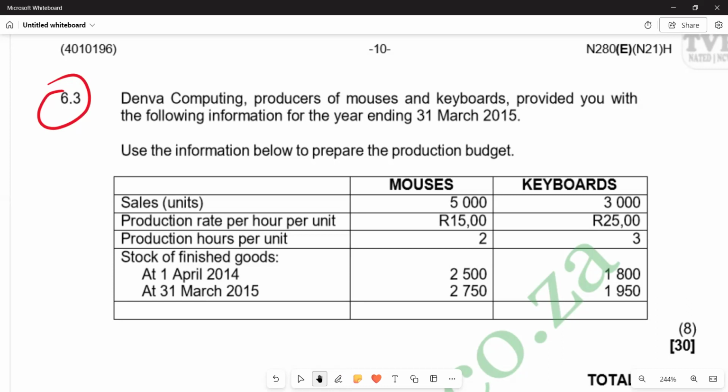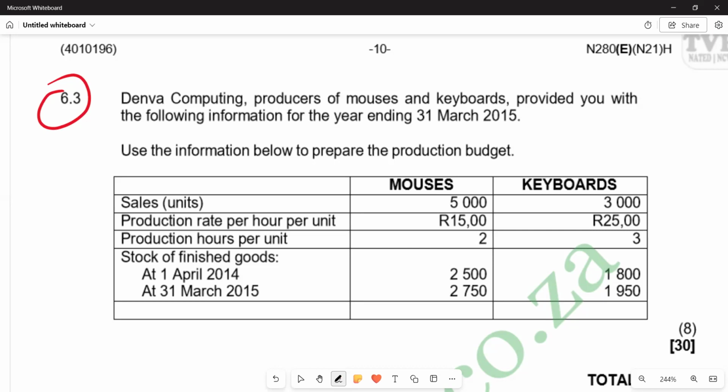So we go back to our question and see what it says. It reads: Denver Computing, producers of mouses and keyboards, provided you with the following information for the year ending 31 March 2015. Use the information below to prepare the production budget. We're given a column for mouses and keyboards, with information on sales in units, production rate per hour per unit, production hours per unit, and stock of finished goods.